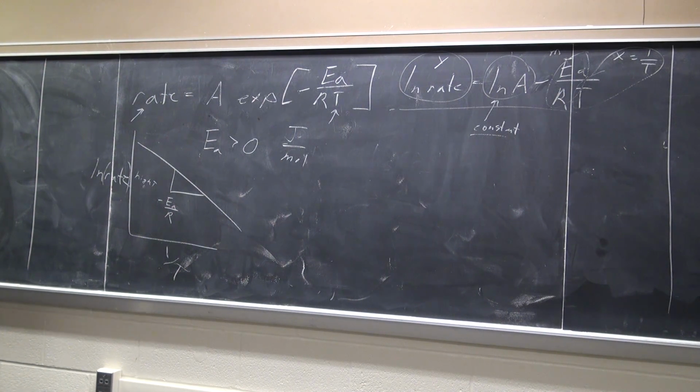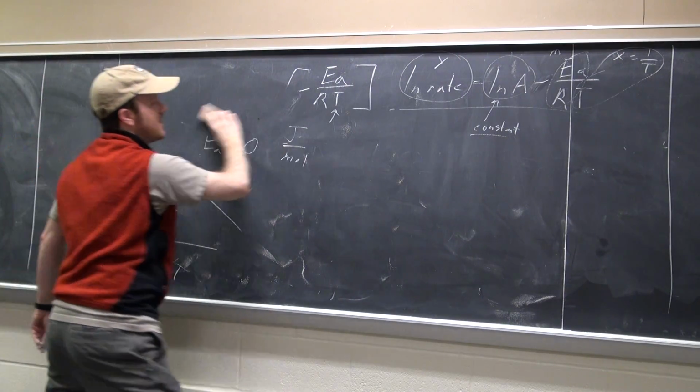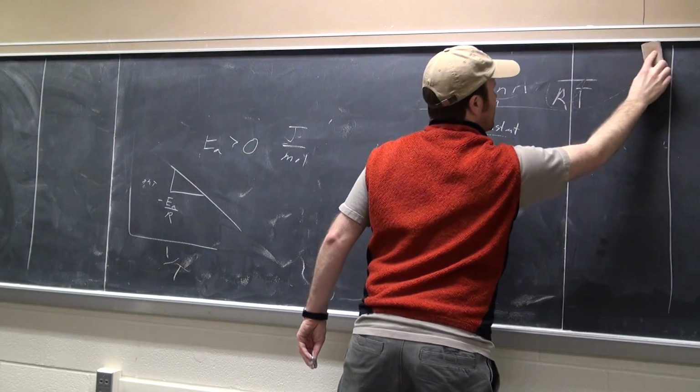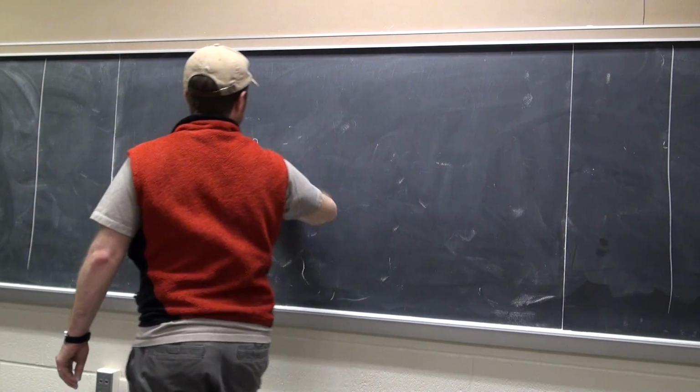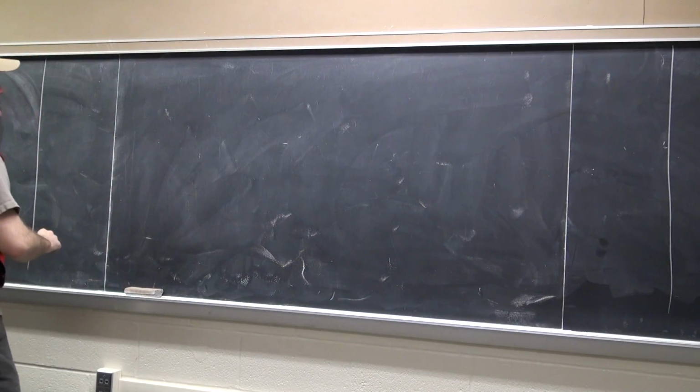Yes? Should we learn how to figure out the order of a reaction from a table, like you give us a table with the concentrations and rate? That's a good question. So she said, what if I just give you a table like this?